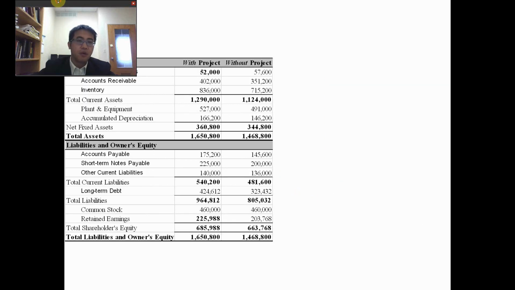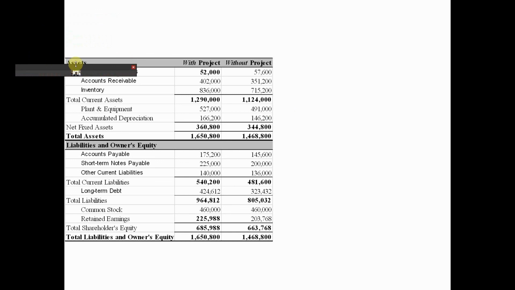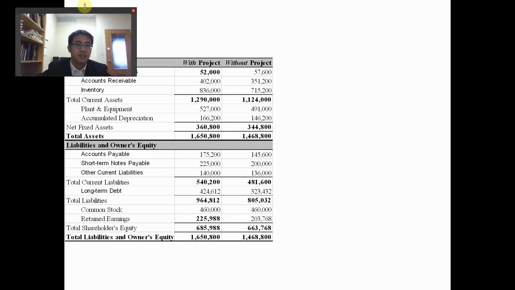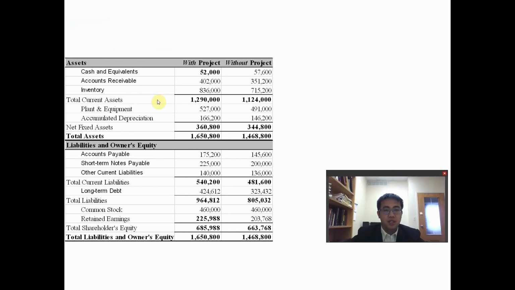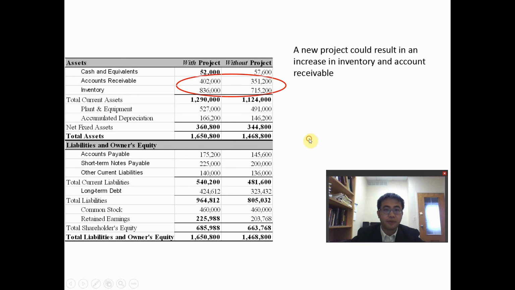So here, oops, I just shrank myself. Here, what you see is a balance sheet before the project's established. You see without the project and with the project. So what you see here is when the project is adopted, the account receivable actually increases, the inventory increases, and also the accounts payable increases.